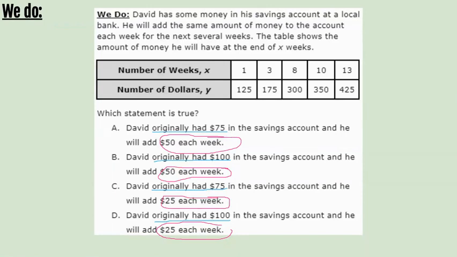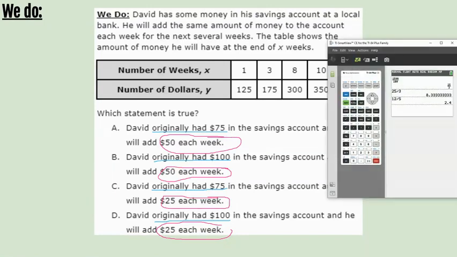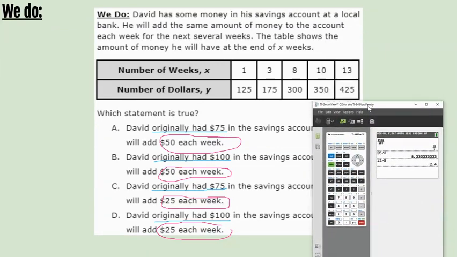Okay. So I'm going to do stat, enter, and we're going to do 1, enter, 3, enter, 8, enter, 10, enter, and 13, enter.